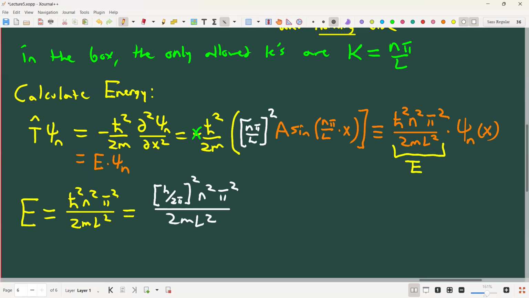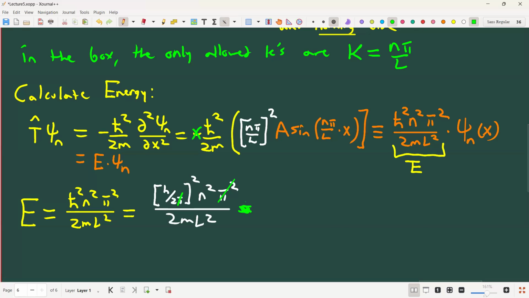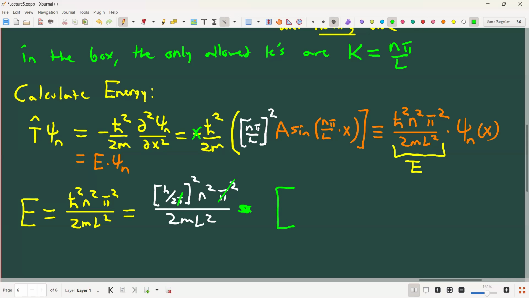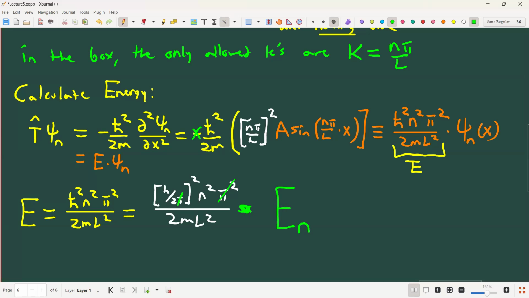You can see there are some cancellations here, and so I can get rid of the pi's. I have a factor of 4 in the denominator now. So I'm just going to write this in big text. Now we have an energy that's dependent on this value n, which is h squared n squared over 8mL squared, where m is the mass.